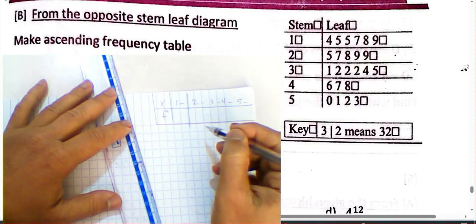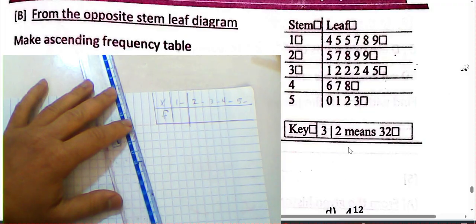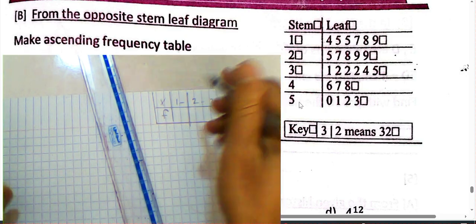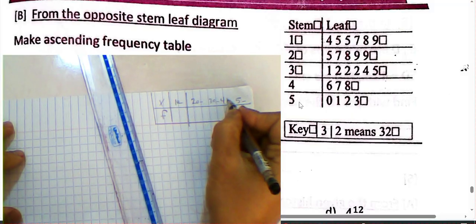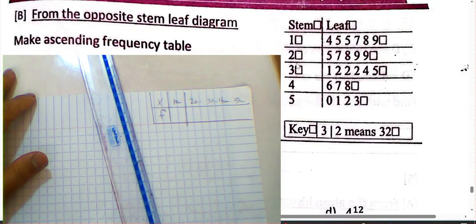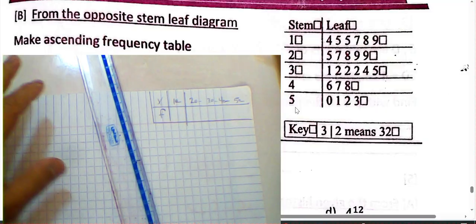We have the numbers here: 10, 20, 30, 40, 50. This is 0 unit, okay? This number 0, 10, 20, 30, 40, and 50, and so on, okay?